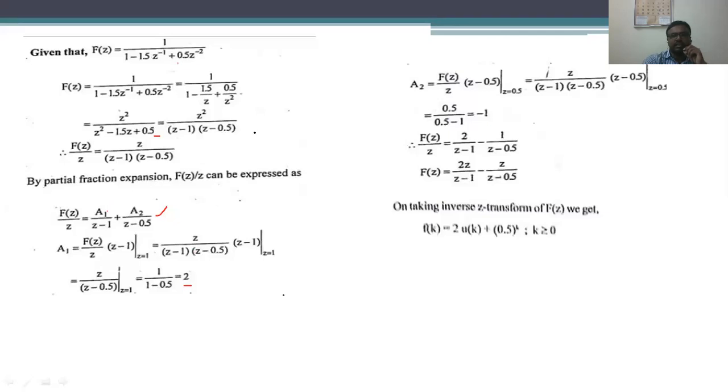So just substitute the values of a1 and a2 in this equation. We are going to get f of z is equal to 2z divided by z minus 1 minus z divided by z minus 0.5. That is nothing but 2 into u of k minus 0.5 whole power k.